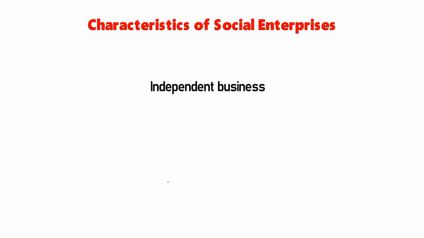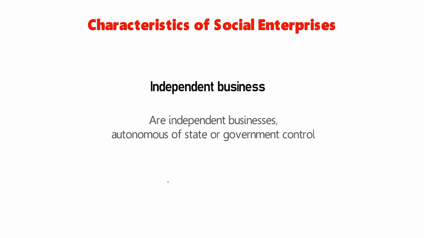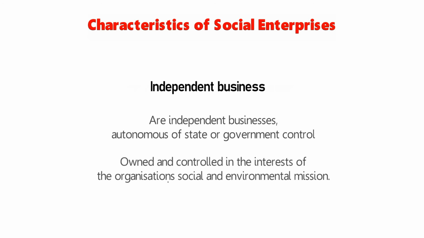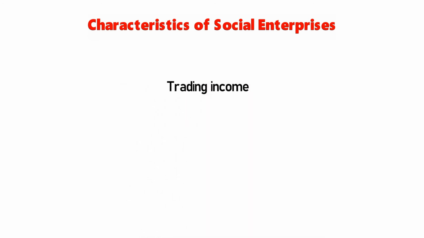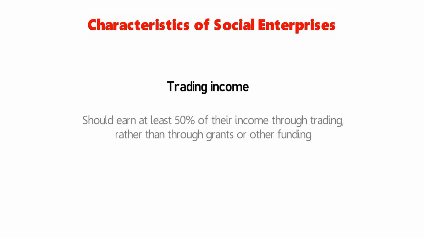Independent business. Social enterprises are independent businesses, autonomous of state or government control. They are owned and controlled in the interests of the organization's social and environmental mission. Trading income. Social enterprises should earn at least 50% of their income through trading, rather than through grants or other funding.